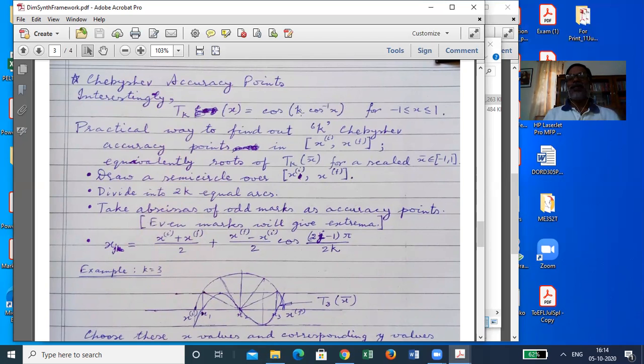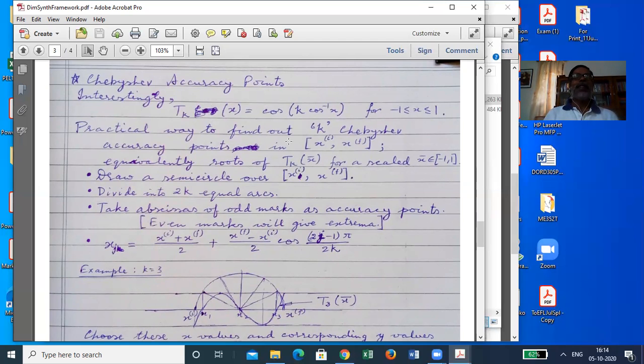So cos k theta will turn out to be a polynomial of cos theta, that is, a polynomial of x. That is very interesting. So the Chebyshev polynomial is at the same time a cosine function as well as a polynomial function. That's a very enviable combination of interesting properties.